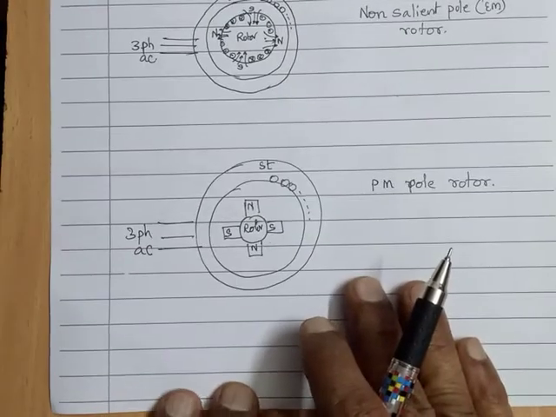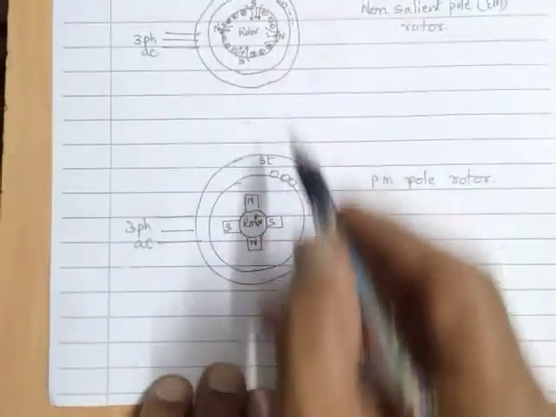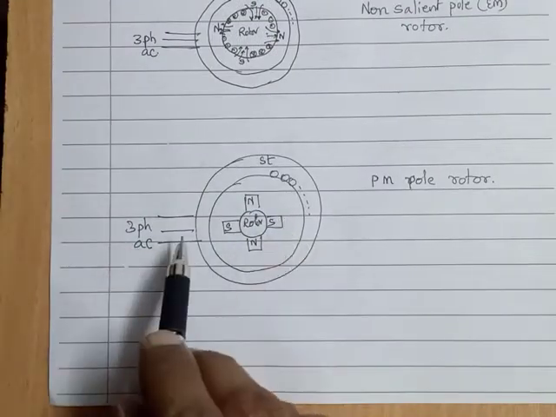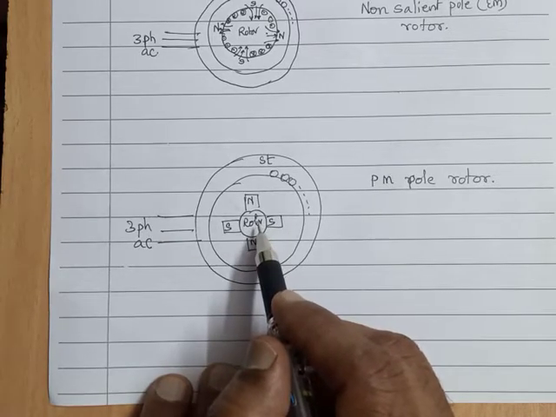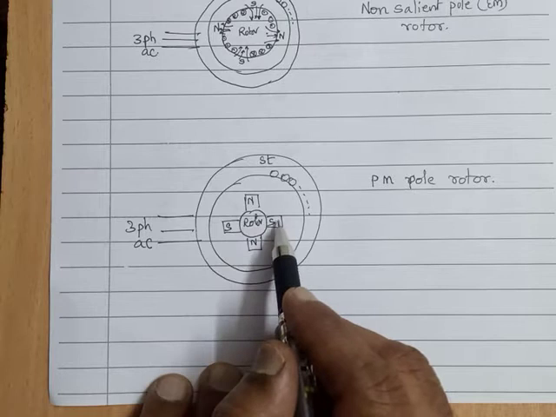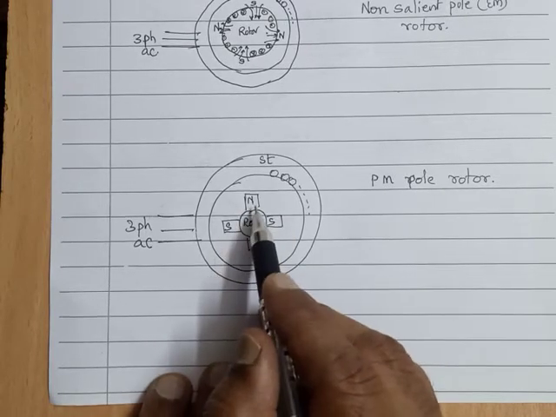Okay. Now in contrast, look at this construction. Here also there is stator, same as the above constructions. Three-phase supply is the same, but the rotor, look at that. We are having poles, no doubt, they are very visible, but no winding.